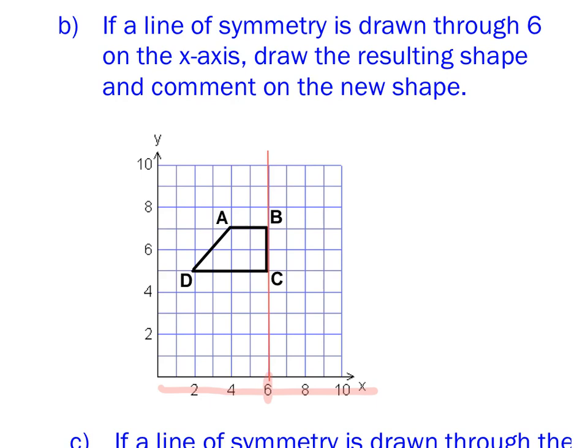So if we reflect the pentagon over that line, the new A is going to be right here because it's 2 grid squares away from the line. The new D is going to be out here because it's 4 grid squares away from the line. So it's D prime. B and C live on the line so they don't change positions.